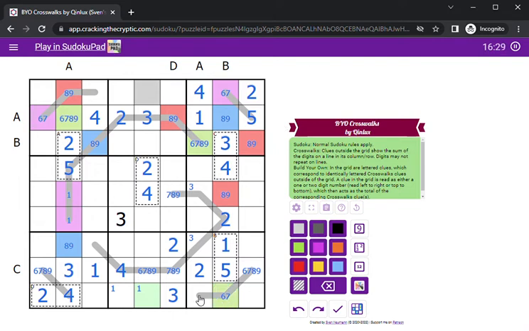And we know that this isn't 1, 2, 3, 4, or 5. So these numbers also have to be 6, 7, 8, and 9. And we need a red one in this column, and the only candidate is here. So this is actually the red 8, 9.